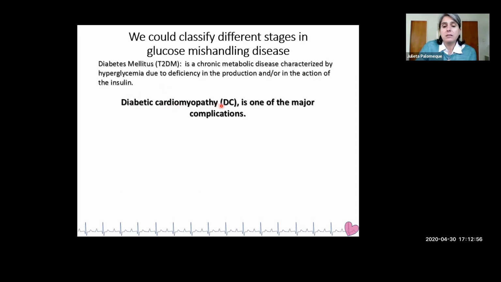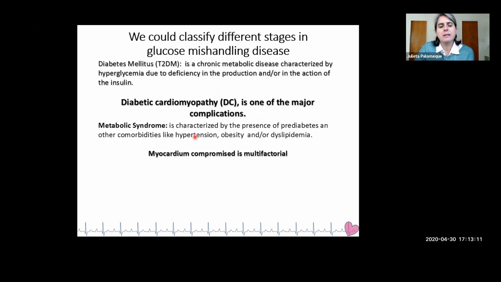Diabetic cardiomyopathy is one of the major complications, and usually poorly controlled patients present diabetic cardiomyopathy and heart failure. So there is an intermediate stage, the metabolic syndrome, characterized by the presence of prediabetes and other comorbidities like hypertension, obesity, or dyslipidemia. And here, the myocardial compromise is multifactorial.